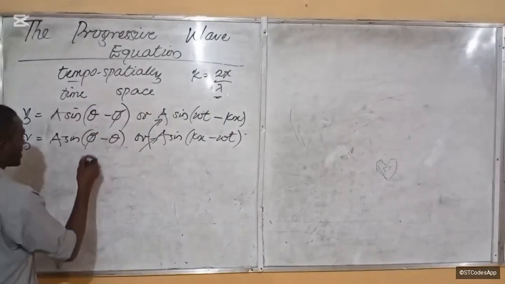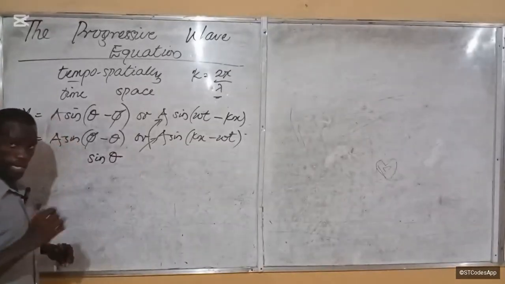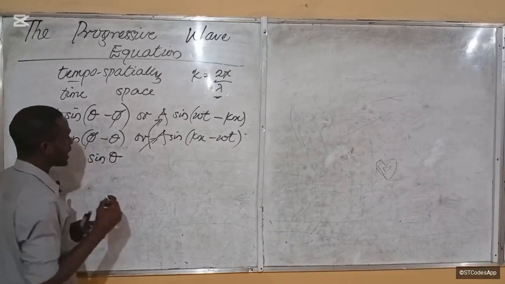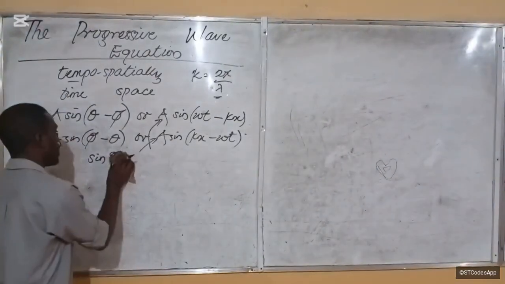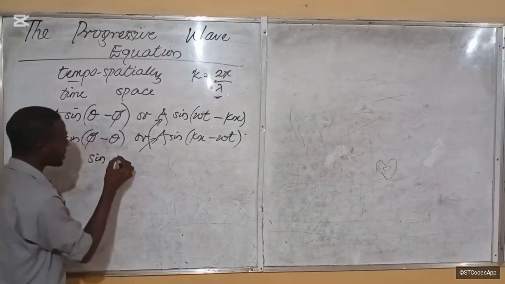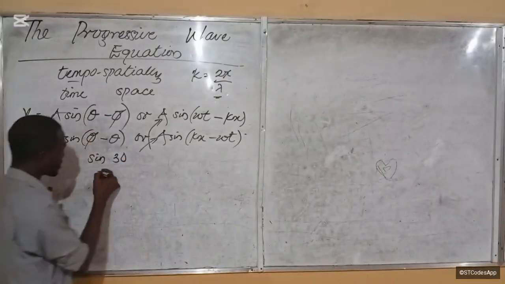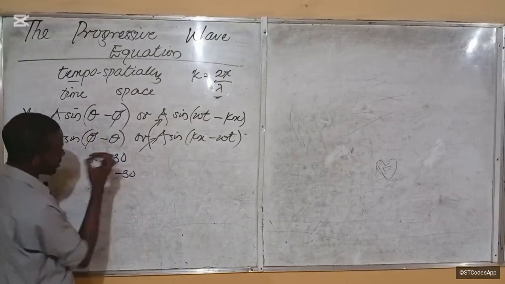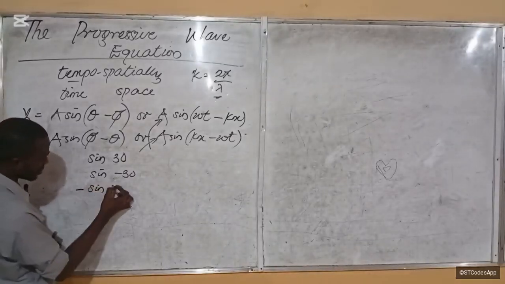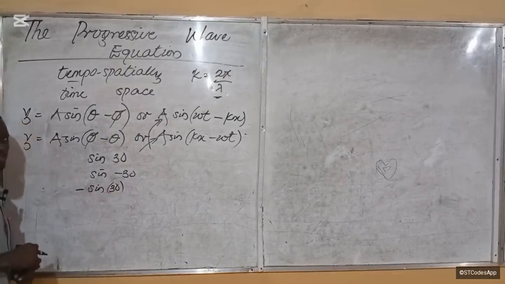I want you to know first that sine of theta, let's use a specific angle, like sine 30. Type in sine 30, and type in sine of minus 30. Then type in minus sine 30.